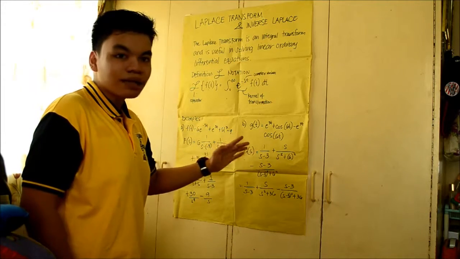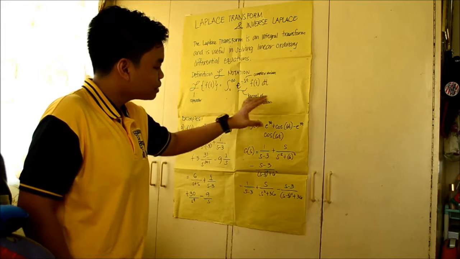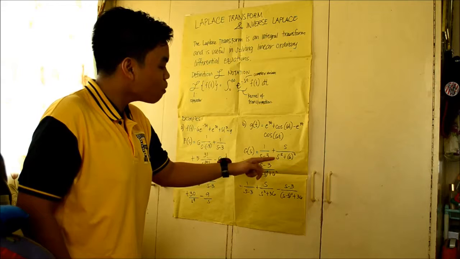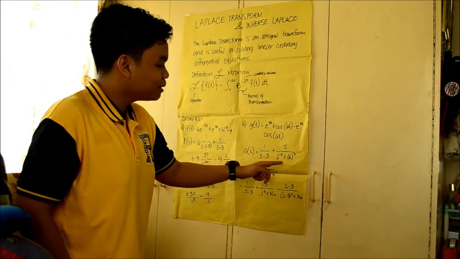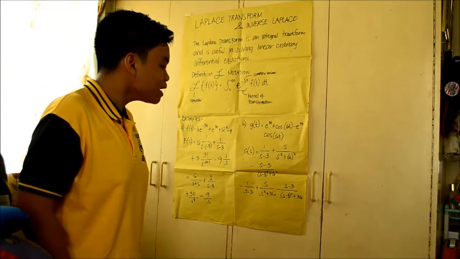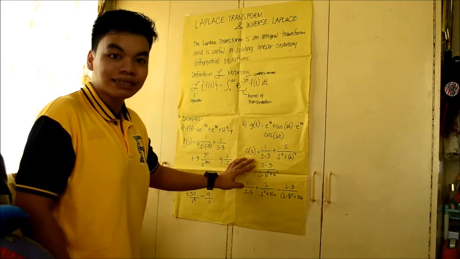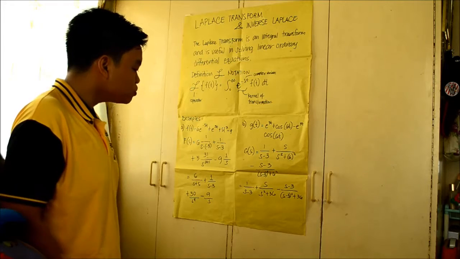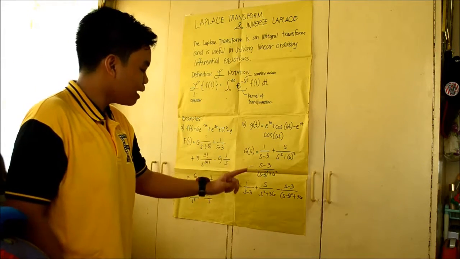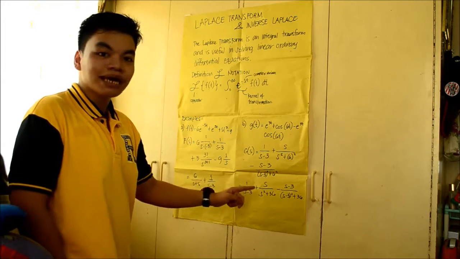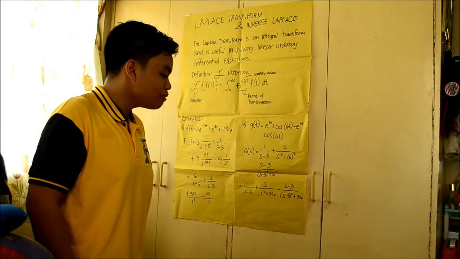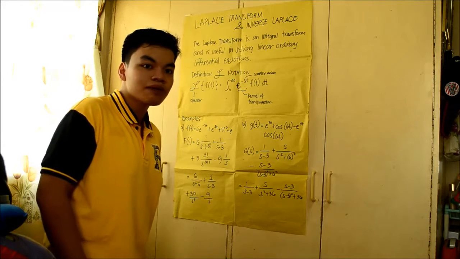And following the table of Laplace, this equation will become 1 over s minus 3 plus s over s squared plus 6 squared minus s minus 3 over s minus 3 squared plus 6 squared. Simplification of this: 1 over s minus 3 plus s over s squared plus 36 minus s minus 3 over s minus 3 squared plus 36.